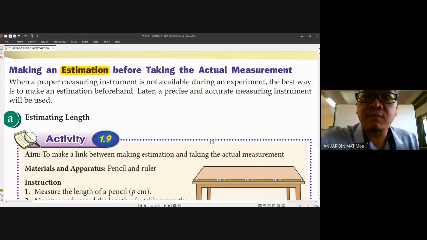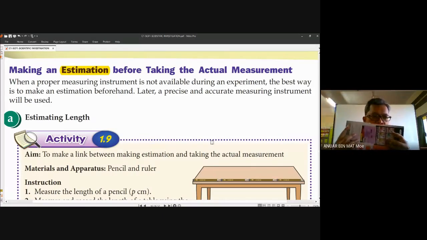For example, this book: just by looking at it, maybe I estimate it is about 30 centimeter. So in order to measure it correctly, after you do the estimation, you take the ruler and then take the measurement.